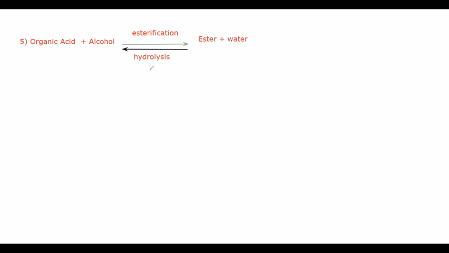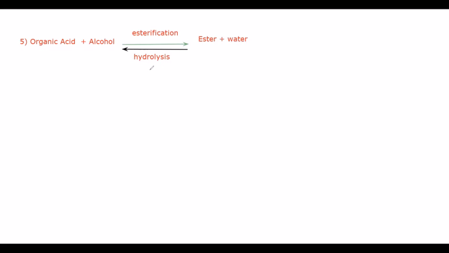That's why we call it esterification. But if we have ester and we use certain conditions, water can help the ester to decompose. And if water helps the ester to decompose, that reverse reaction is known as hydrolysis.